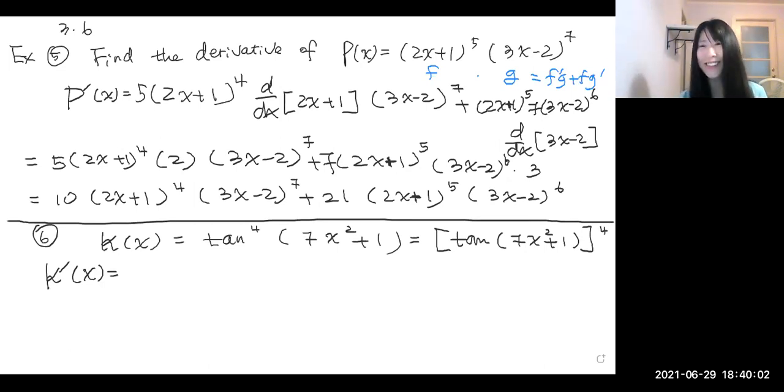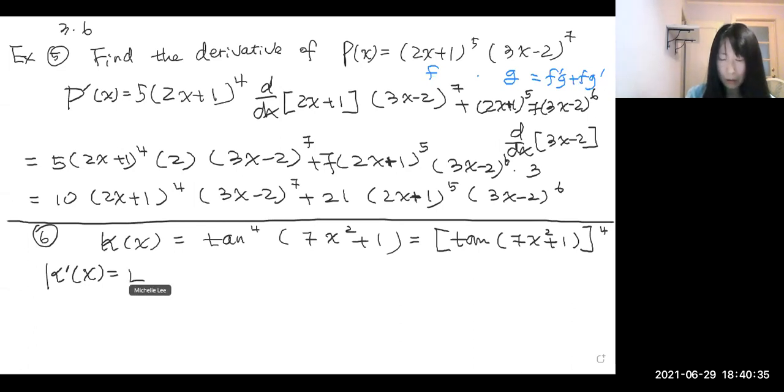Well, we have to start. No idea? Would you just take the 4 and put it down and then do 4 tan(7x squared plus 1) to the 3rd power? Good. We're going to deal with the power first, right?